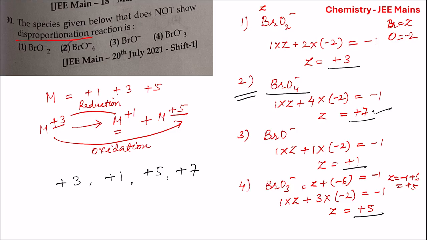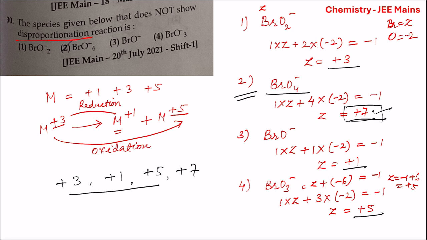So this species will not show a disproportionation reaction because here bromine can undergo reduction and form a product having bromine in any of these lower oxidation states, but it will not be able to go into any higher oxidation state because +7 is the highest oxidation state which bromine can achieve.